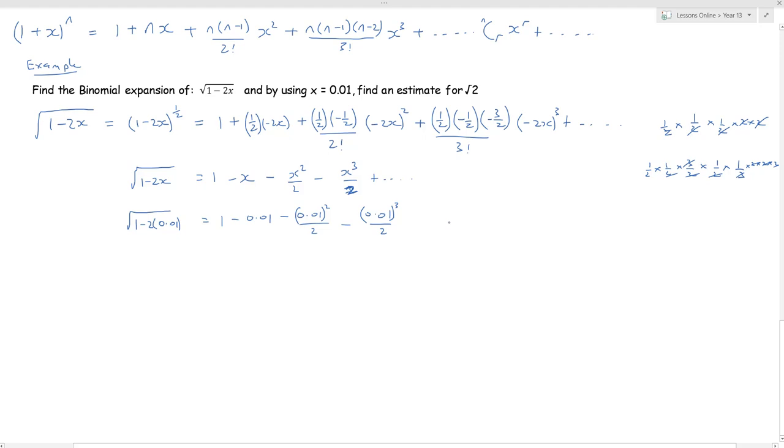Now we're not adding any more, so this is an approximation, so we should write this as approximately equal to.